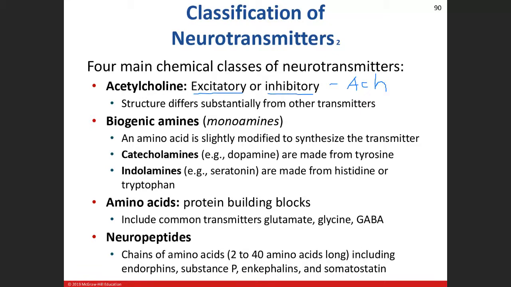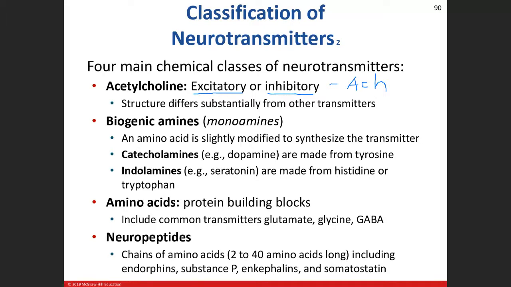So acetylcholine can be either or, and it depends on what it's interacting with: the somatic nervous system versus the autonomic nervous system. When it's dealing with skeletal muscle in the somatic nervous system, it's always excitatory. When we get into the autonomic nervous system, it can be inhibitory.